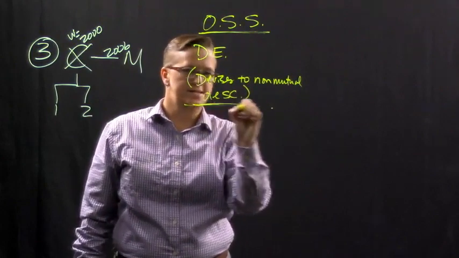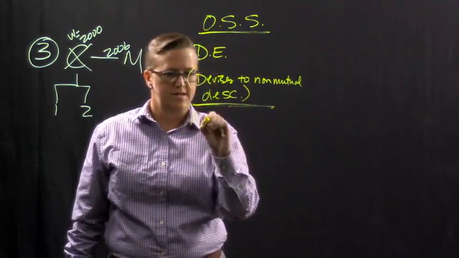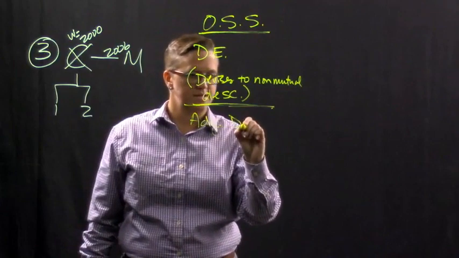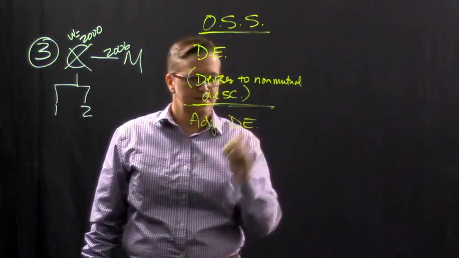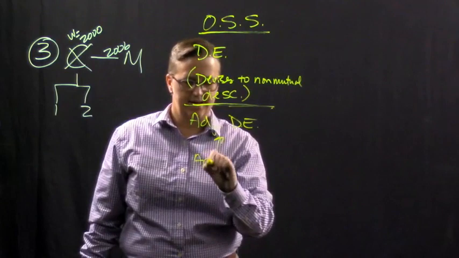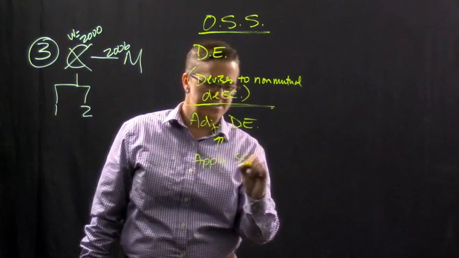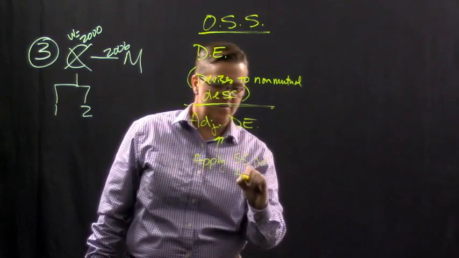That gives us the adjusted distributable estate, and then we apply the surviving spouse's intestate formula.